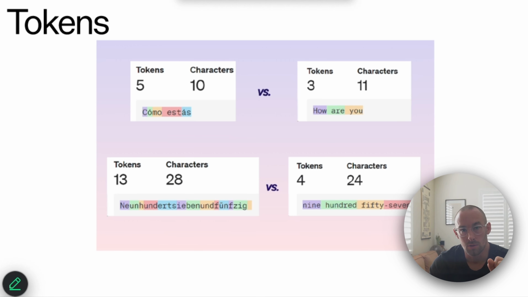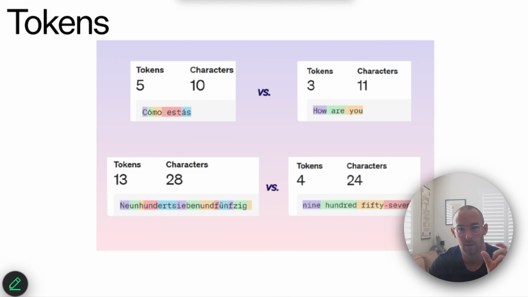So tokens. All of these models use tokens, and the way tokens are broken down is typically by words and punctuation and phrases. And so the cost of a model will be based on its token usage. It's good to know that the way tokens are determined is it chunks both the input and the output of what you're putting into these models into different chunks.